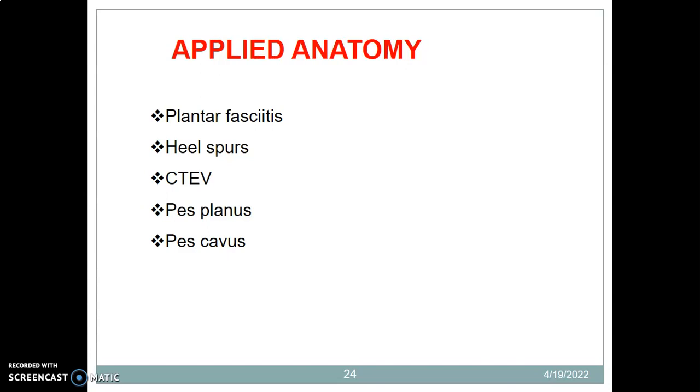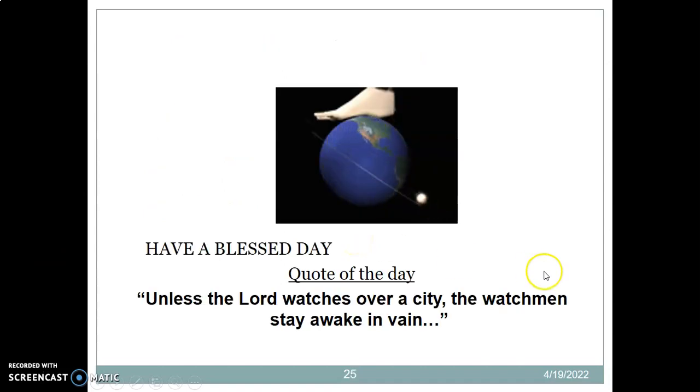So it can be caused by different things, neuromuscular disorders such as muscular dystrophies, and so on and so forth. It could be congenital, and it may contribute to stress fractures and plantar fasciitis. So basically, that's just an overview of this high arched foot. So thank you very much.